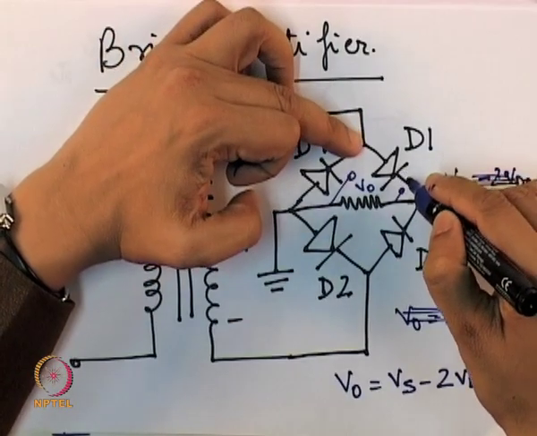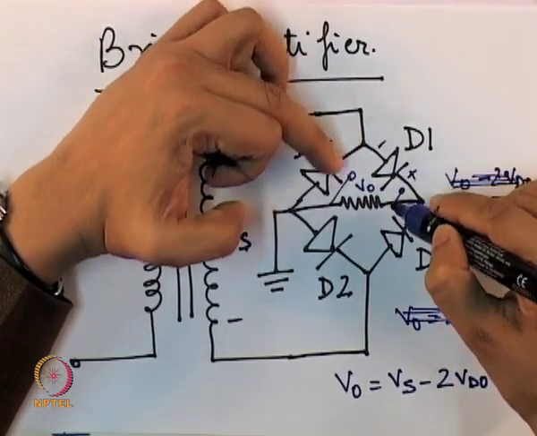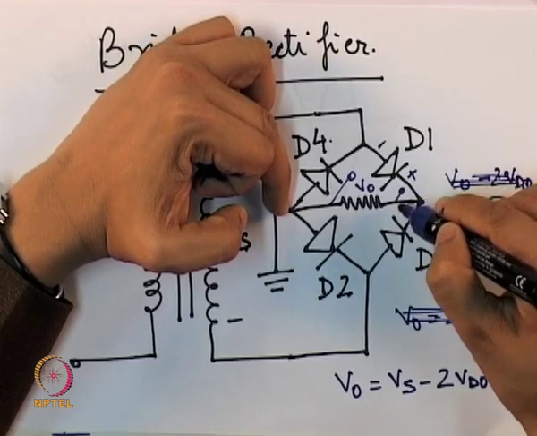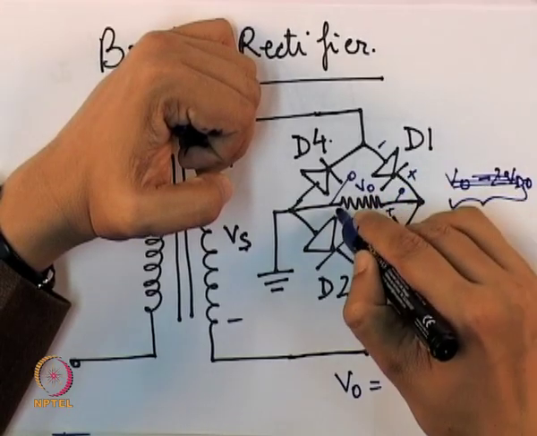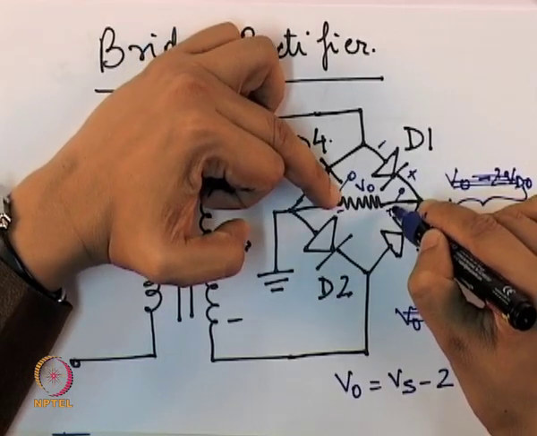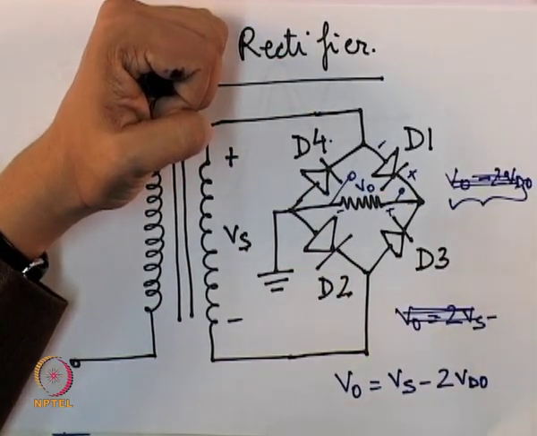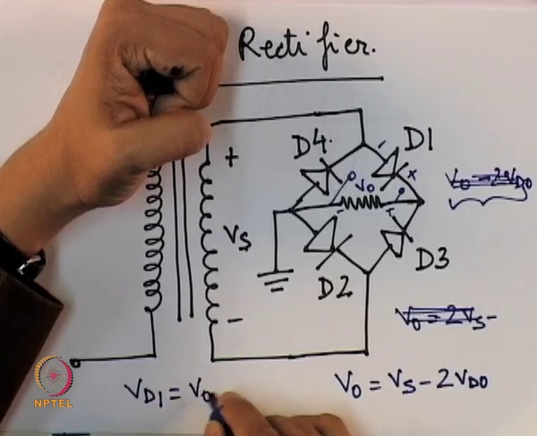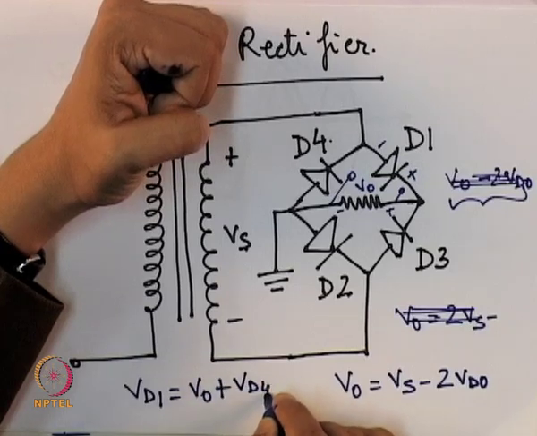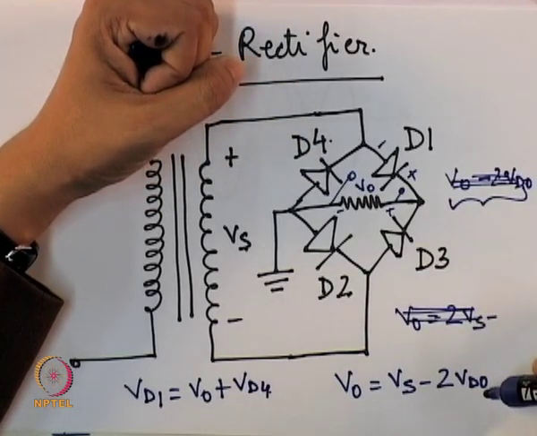And the reverse bias voltage across this diode D1 is equal to V0 plus the voltage across the diode D4. Suppose this is my positive, this is my negative. So, I have VD1 equal to V0 plus VD4. The voltage across D4 is equal to the diode drop, VD0.